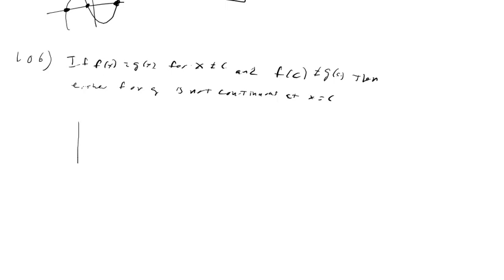Alright, so let's say here's the graph of f. Where would I put the graph of g of x? What would it look like? If the graphs are equal, what's it look like?